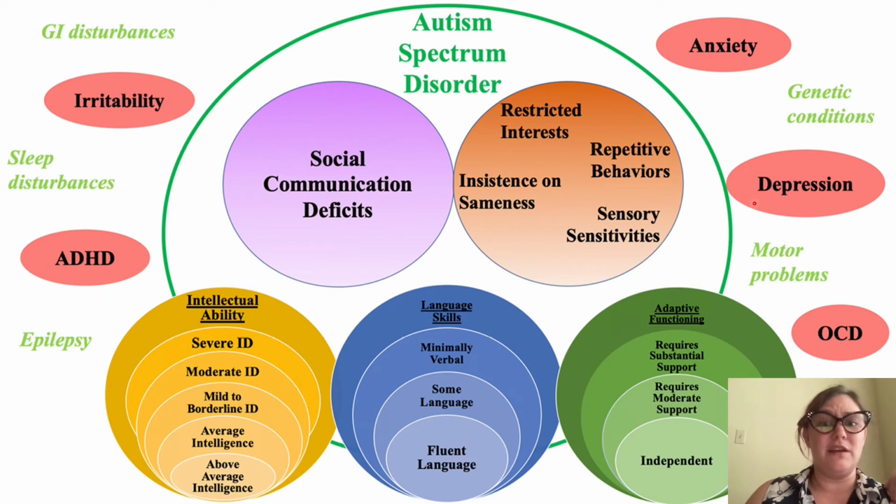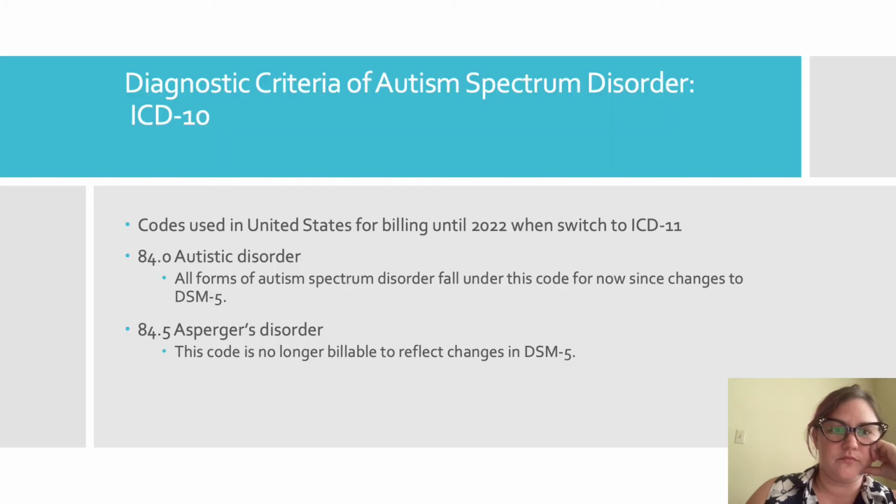And I really attribute these two things to the stigma that comes along with autism, which we'll talk about in some later slides, that are really taking the diagnostic criteria and translating it into more strengths-based language. And then also OCD is a common co-occurring condition.